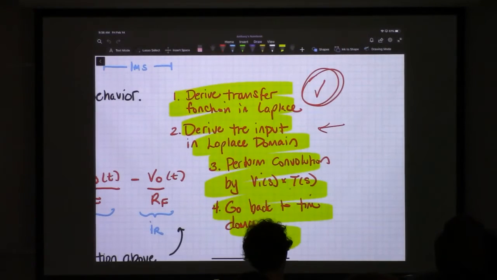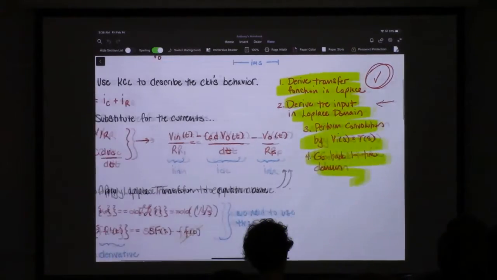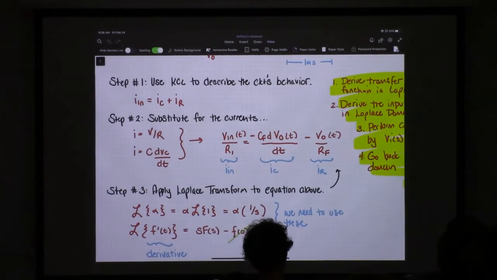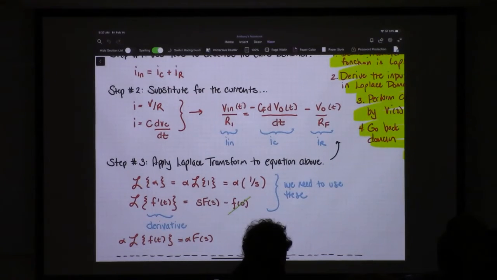So very quickly, going through what we did. Okay. We used KCL to describe our circuit's behavior, and then we converted that, or we made a first-order differential equation out of that, right, which is shown under step 2.